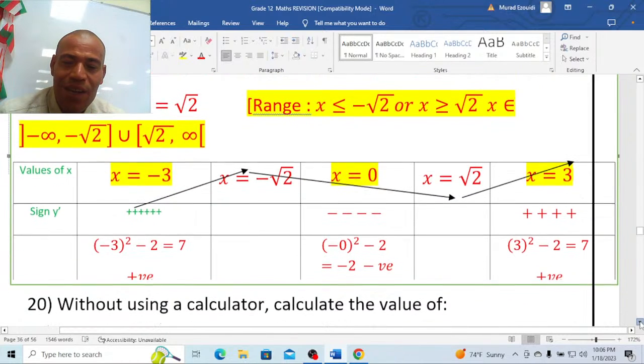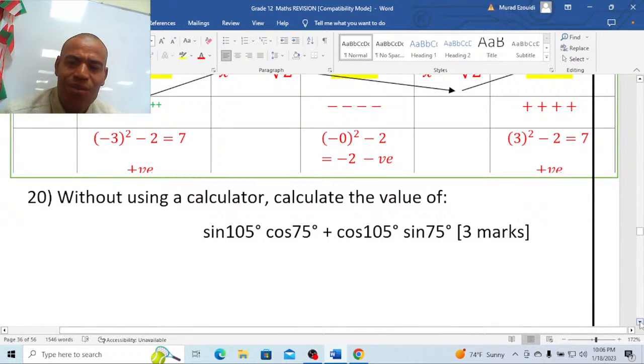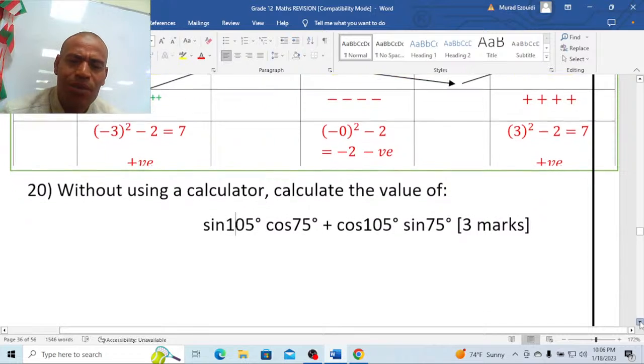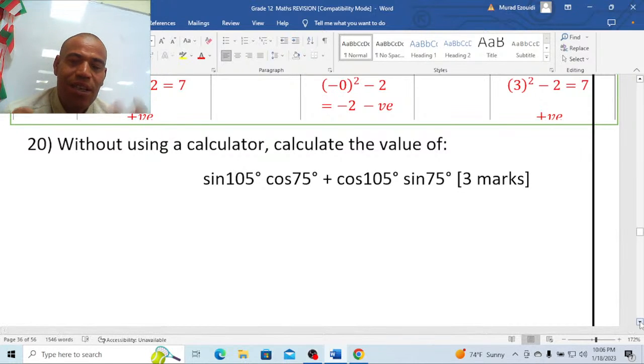Please, in the final exam, just go collecting marks. Try to collect marks where possible. After collecting your easy marks, then you are going to go back to the intermediate, and then to the difficult ones.